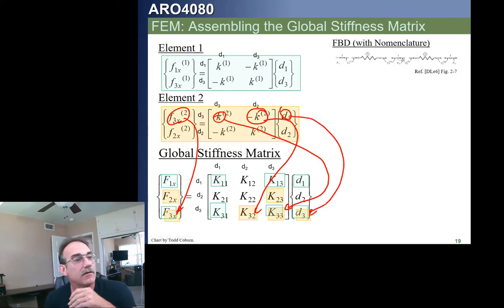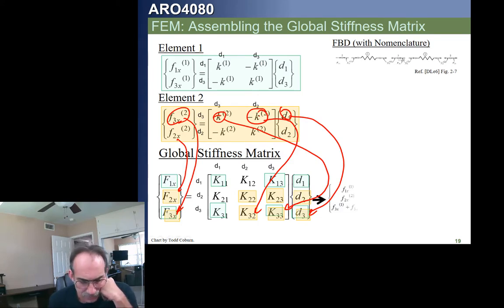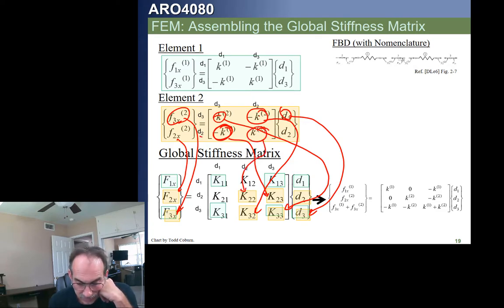If we continue, F2 goes here, right? And we see 2, 3 goes there, and 2, 2 goes here.